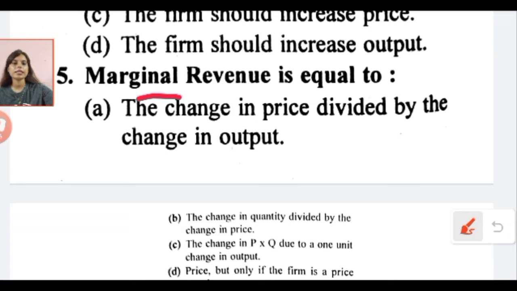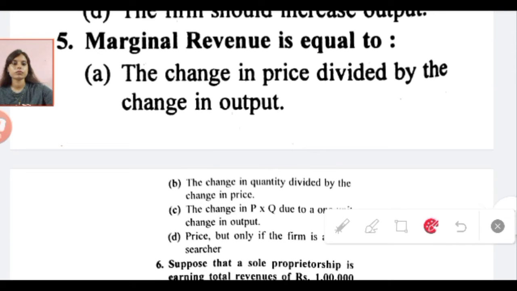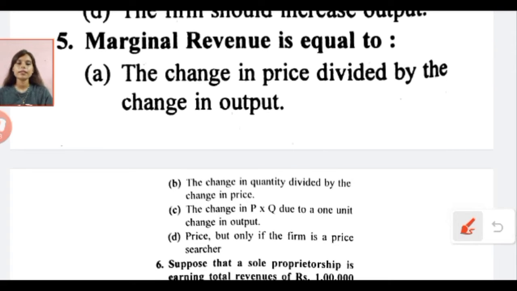Marginal revenue is equal to, see, they are asking about marginal revenue being equal to which one. So you see from the options given here, option C would be your correct answer, because MR basically refers to the additional revenue, that is the change in P into Q, that is earned due to 1 unit change in the output.